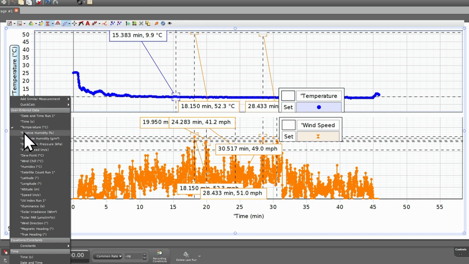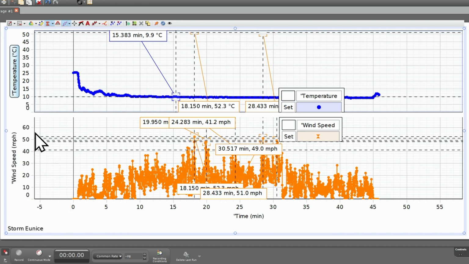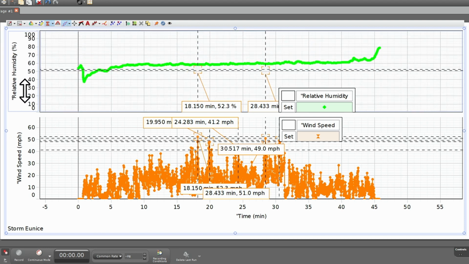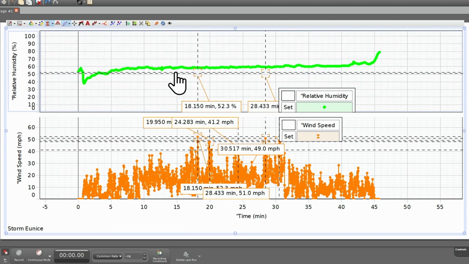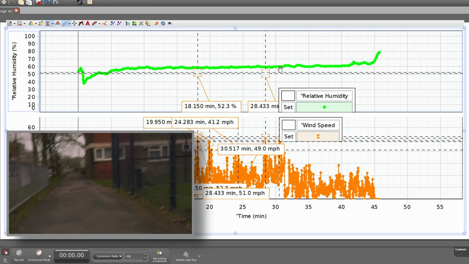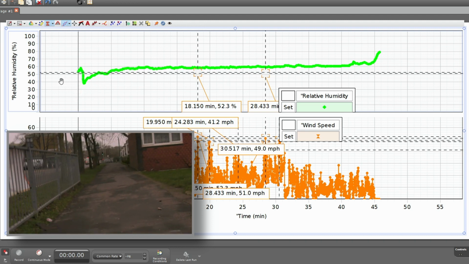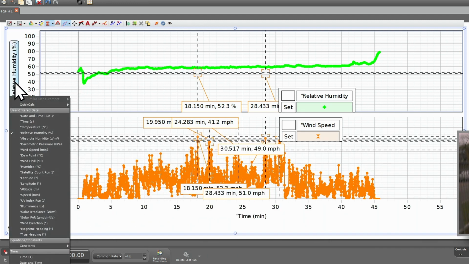So we can look at all sorts of things here. We can look at the relative humidity, and we can see that the relative humidity was in fact quite reasonable. It did go up at the end. That's because it did start to rain, and we made rather a run for it to get back inside before the camera got too wet.